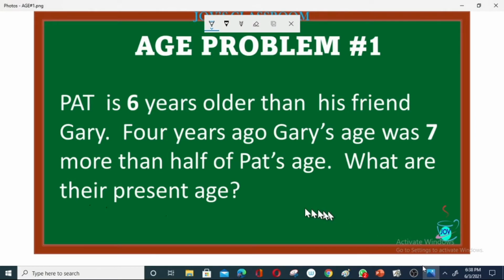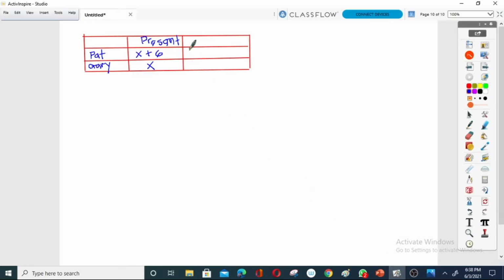Now in the problem, the key word here is 4 years ago. When you say the word ago, that means the past age. So we are considering past age here, and that is 4 years ago.